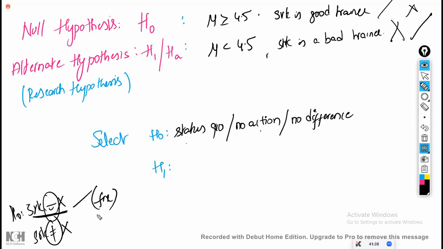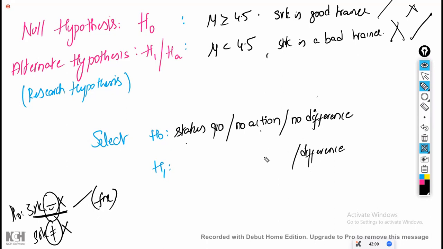For example, Naresh IT, one more institute, one more institute: all the institutes are the same. If you take your friends, this friend, that friend, all the friends are the same. No difference. Null hypothesis says that there is no difference. Alternate hypothesis says that there is a difference.